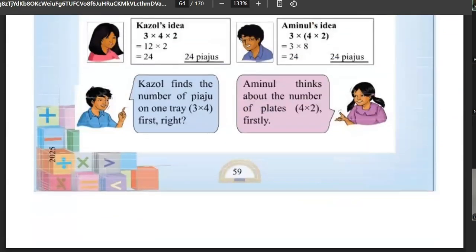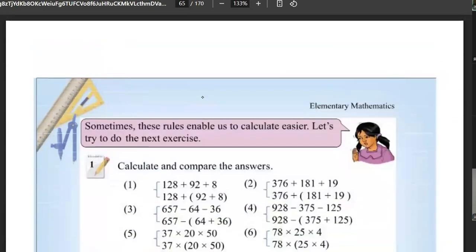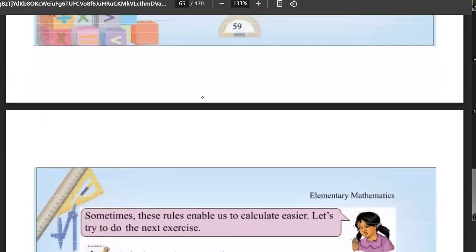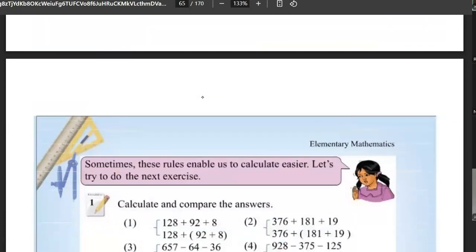So how do you multiply? Let's say I give you three numbers, 10, 3, and 5. How would you multiply them?